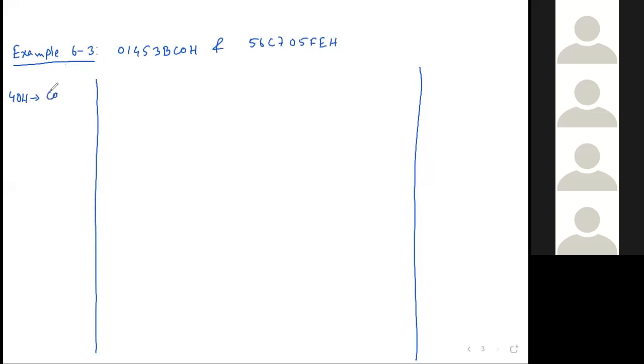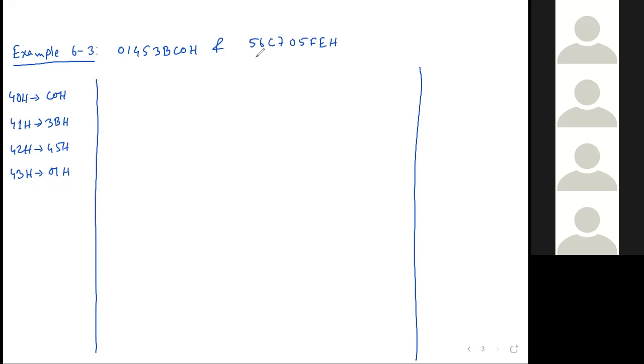C0. Exactly. What will be there in 41H? 3B. Exactly. In 42H, we will have 45, and finally, in 43H, we will have 018. It is needless to say that the first one is your memory location, the second one is the content. I hope you understand at least this much.